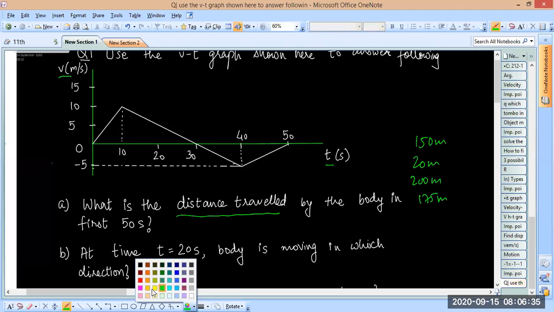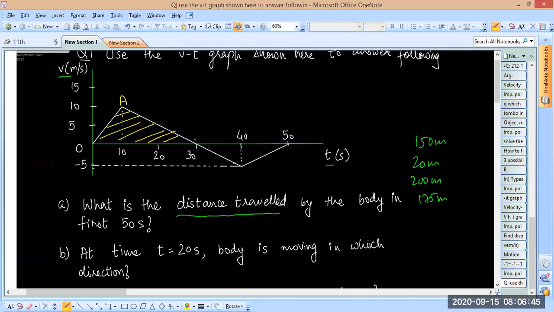Well, this triangle, right? Let's call it OAB, so it will be the area of triangle OAB, clear? And then this triangle also, this is BCD. So you have to find the area of triangle OAB and the area of triangle BCD, right?